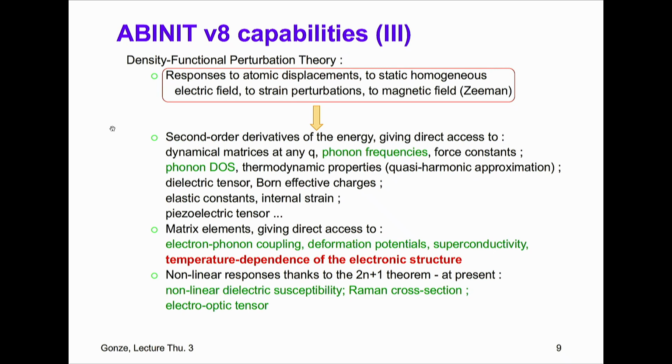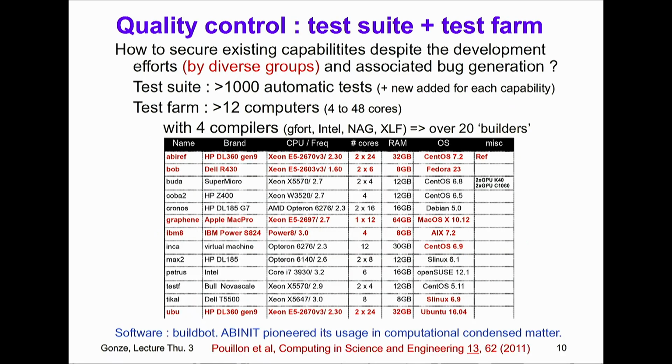That is, for example, very important, the dominant term in magnetoelectric coupling, usually. These give access to a lot of second-order derivatives of the energy. I will not go through these, but also to the temperature dependence of the electronic structure.